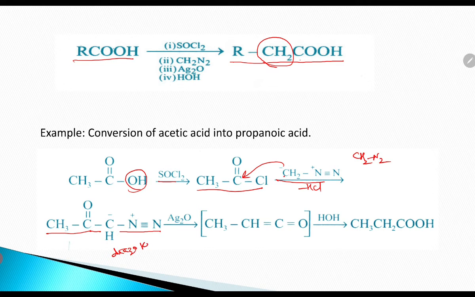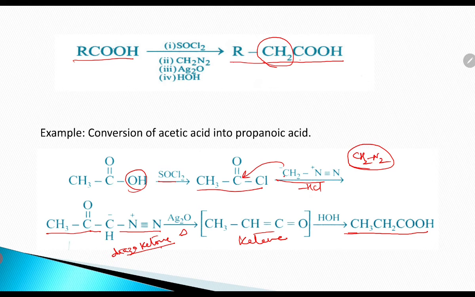Diazoketone, and this diazoketone on heating with silver oxide gives rise to ketene, and this ketene on hydrolysis gives CH3CH2COOH. So, ketenes easily undergo hydrolysis and give rise to the acids. See here, the CH2 group is introduced from the diazomethane compound.